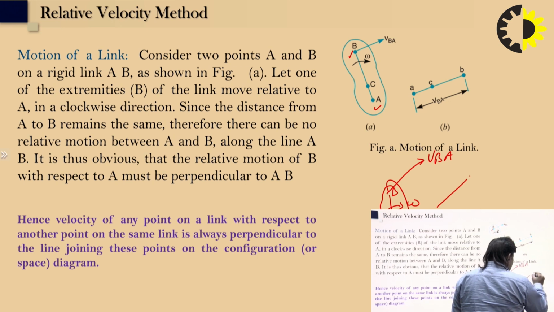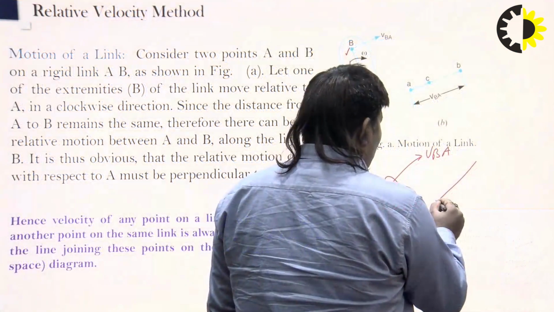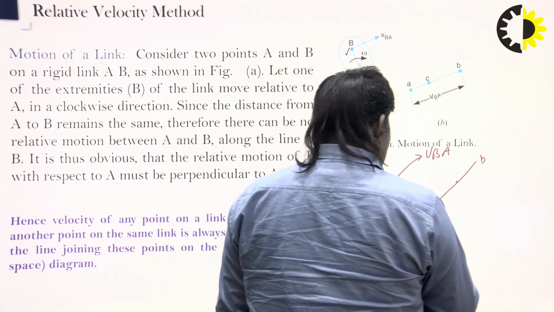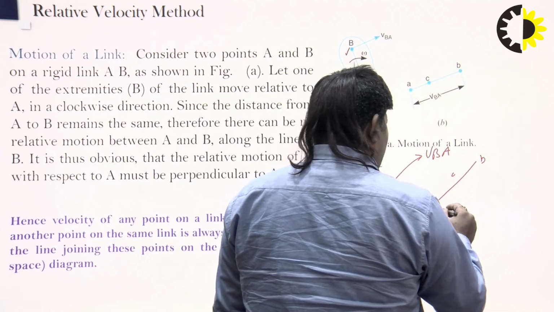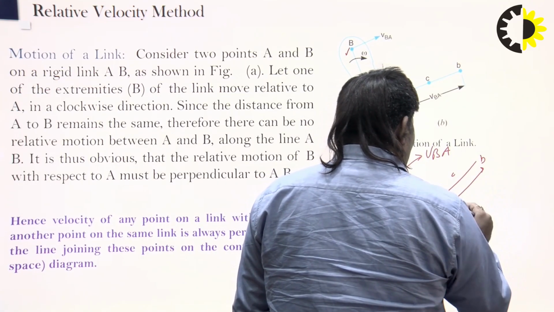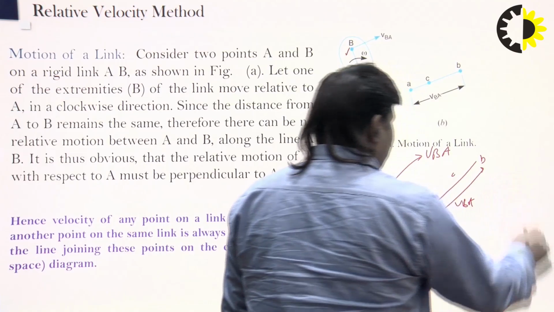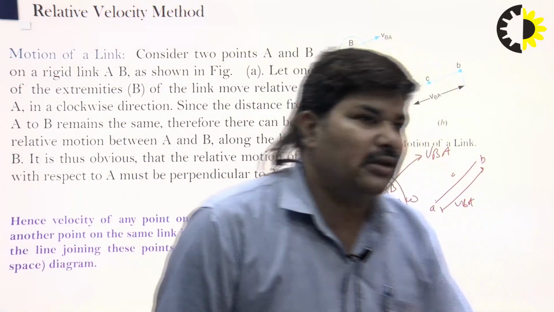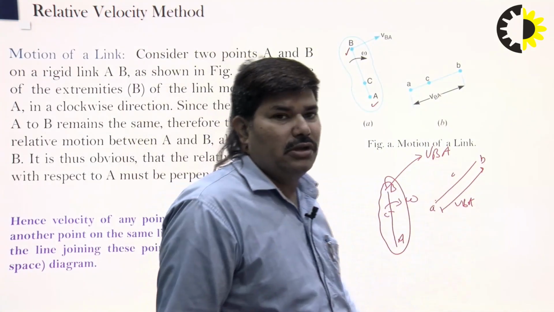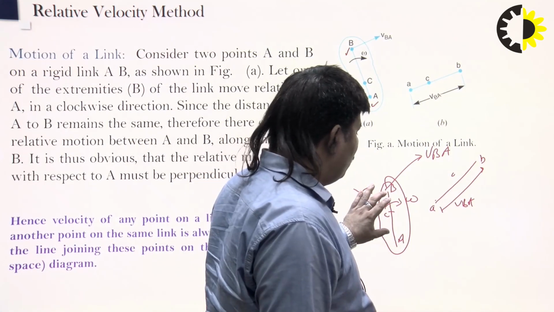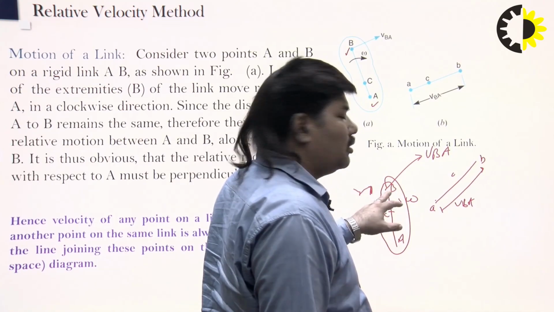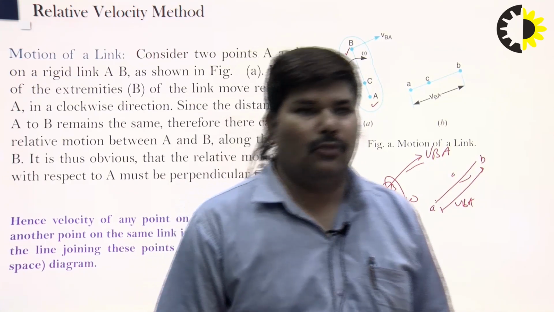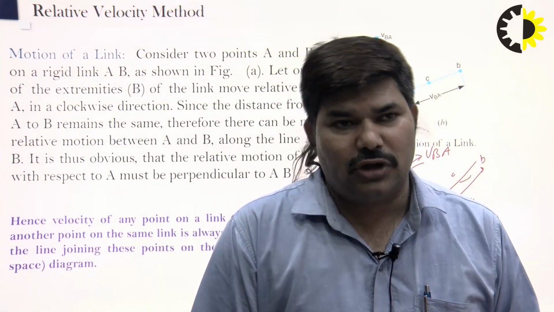This point is A, this point is B, and another point C in the same ratio. The velocity of B with respect to A is always perpendicular to this link, or parallel to it, so you can use either one.